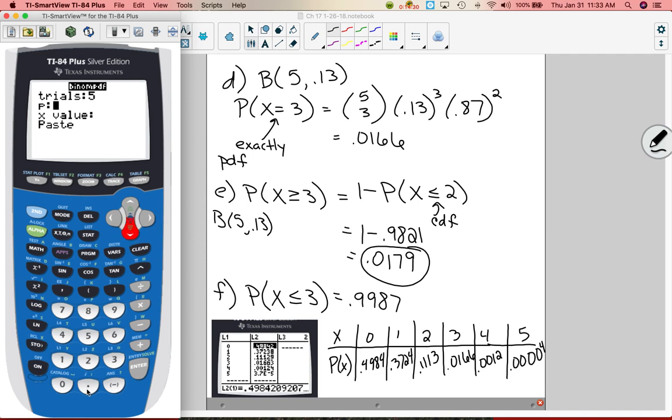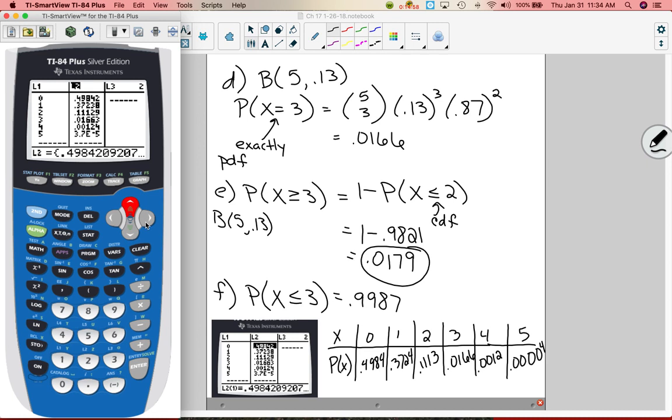The probability of success is 0.13. And for my x value, I want my calculator to look for them in list 1. And I get these values. These are all my PDF values, so I can do them all at once and have those PDF values.